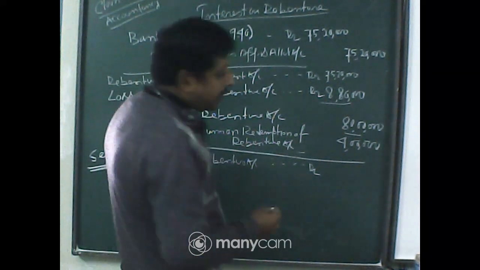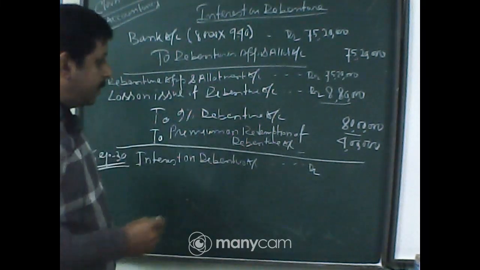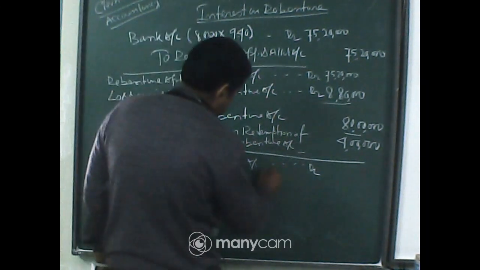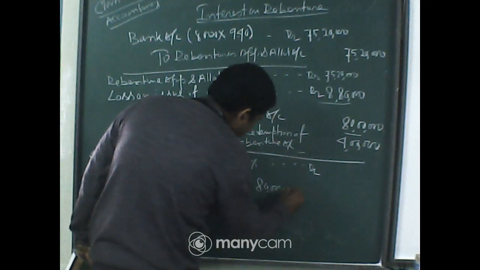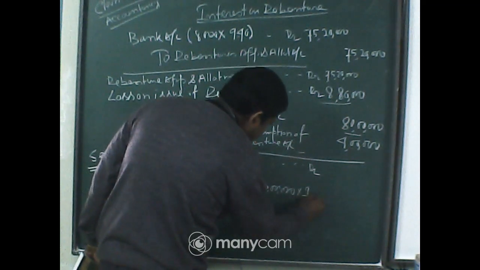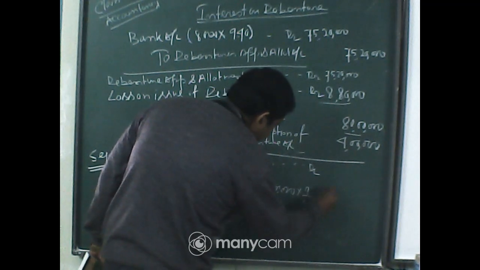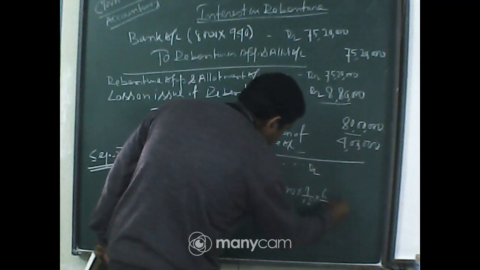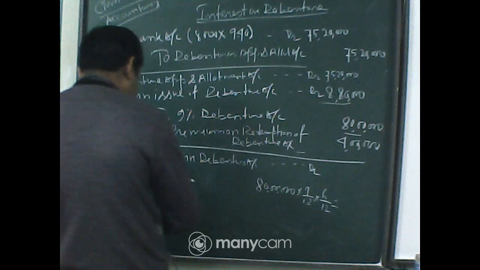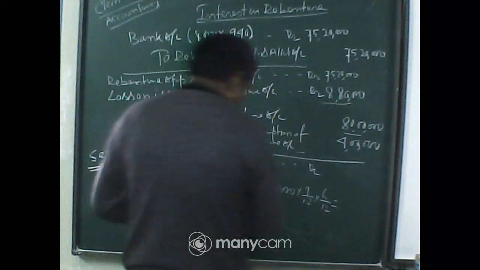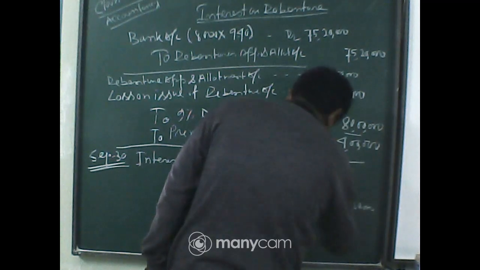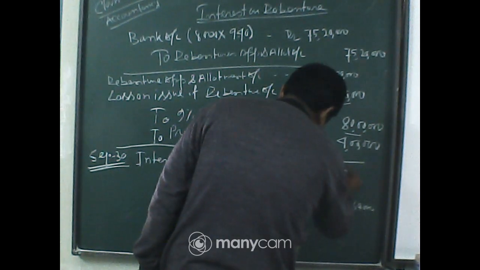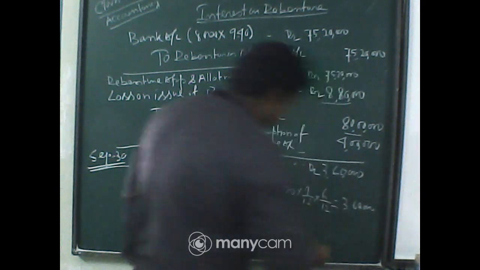Upon 80 lakh you have to calculate 9%, but you are paying half yearly, that is 6 by 12. What amount will become? That amount will be 3,60,000, and that will be debited as interest, 3,60,000.